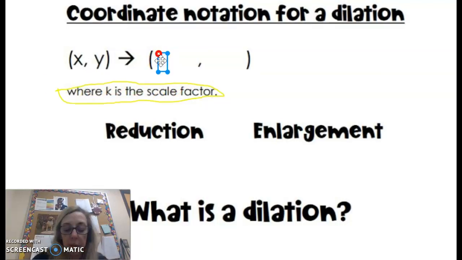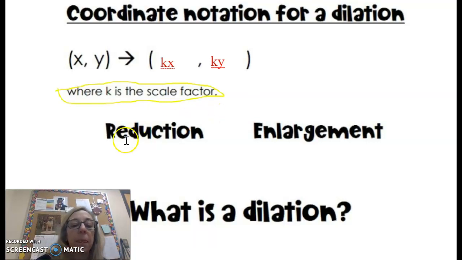So our coordinate notation for the x coordinate and the y coordinate will look like this: K times x and K times y. Because a figure is going to get a certain number of times bigger or smaller, we are going to be multiplying each the x and the y coordinate by our scale factor, which in this case is known as K.